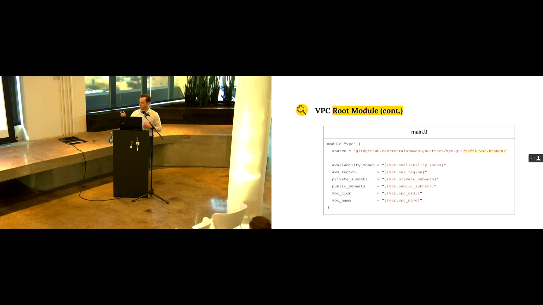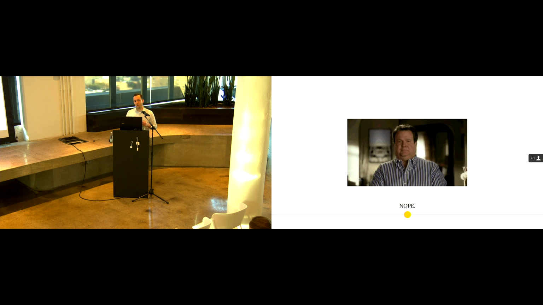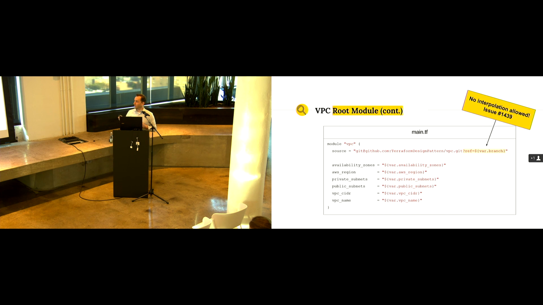Here we show interpolation of branch variables in our source definition, but we can't actually do that. You can't interpolate at that source definition yet. So there's another issue, 1439. They're at like 123,000, so maybe it'll happen sometime.